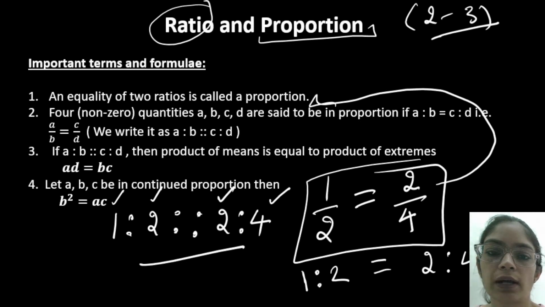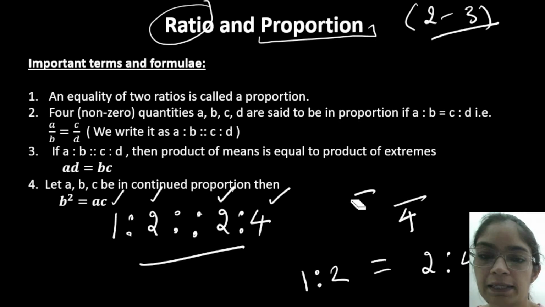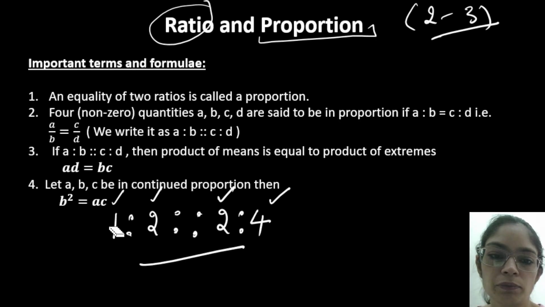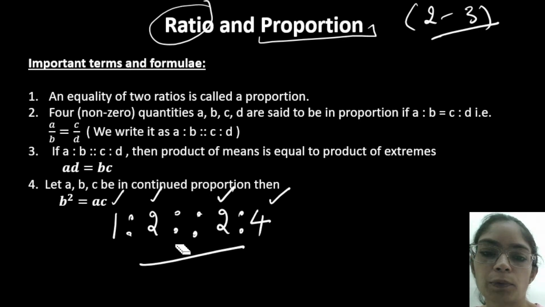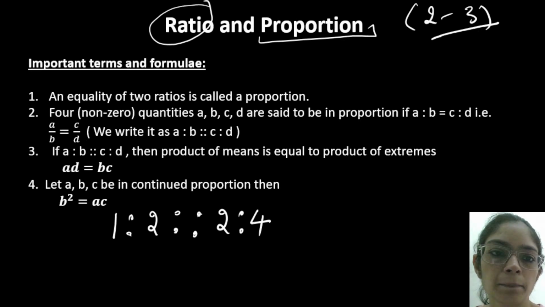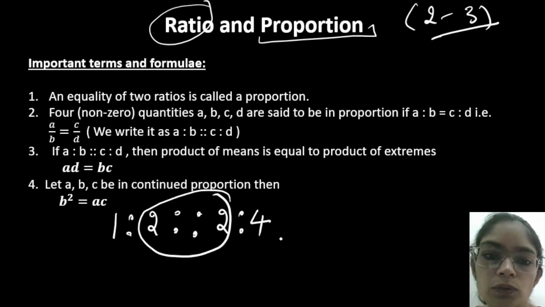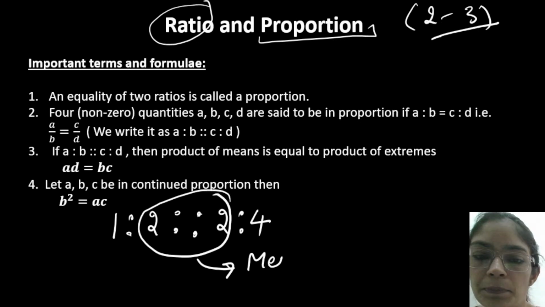Here, one formula you have to remember in case of proportionality: when four numbers are in proportion, like the way I have written, 1 is to 2 is proportional to 2 is to 4. Because very few formulas are there, we will remember those. First of all, you should know these two, the middle ones, they are known as means.